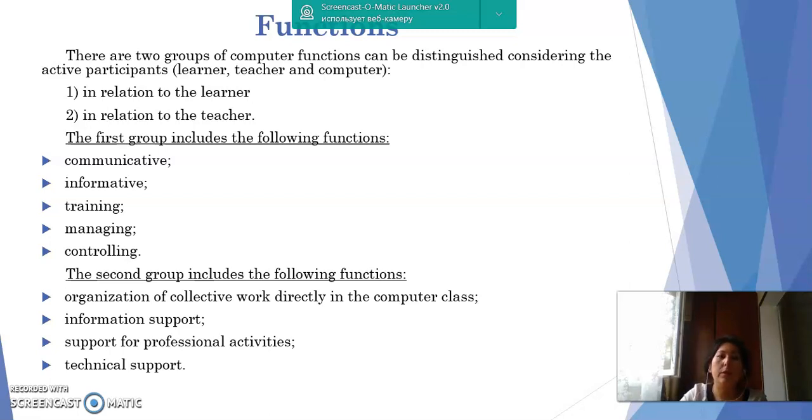The first is in relation to the learner and the second in relation to the teacher. The first group includes the following functions: communicative, informative, training, managing, controlling. The second group includes the following functions: organization of collective work directly in the computer class, information support, support for presenting activities, and technical support.